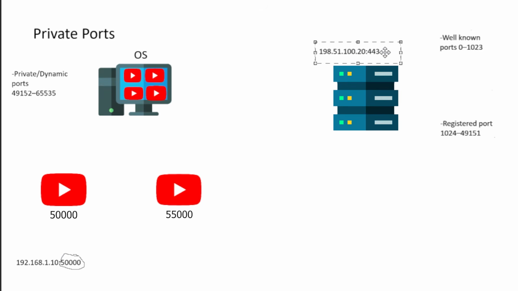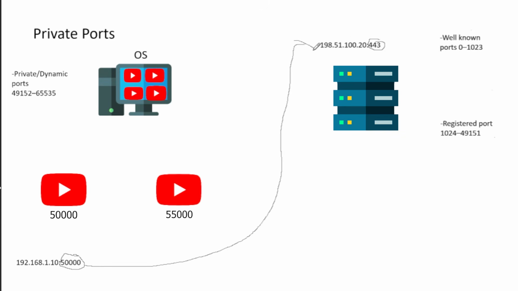The whole thing is then sent to a YouTube server to its IP address using port 443, the standard port for HTTPS traffic. The server sees which IP address and port number the request came from. That's why it sends the incoming data straight back to our IP and port 50,000. The data arrives there and the operating system instantly knows it belongs to that specific video tab.